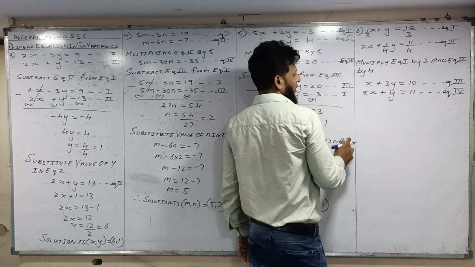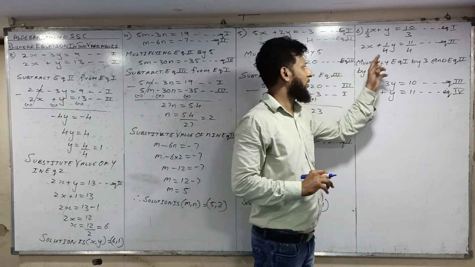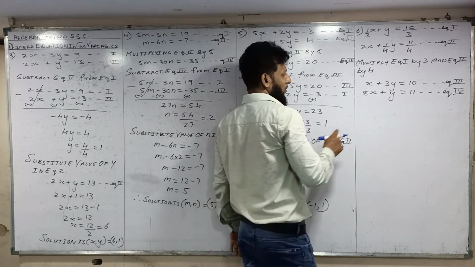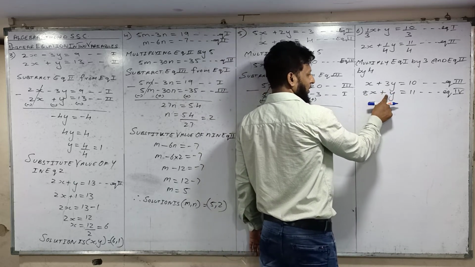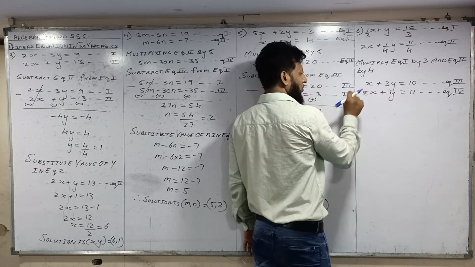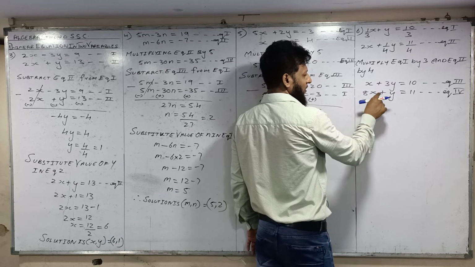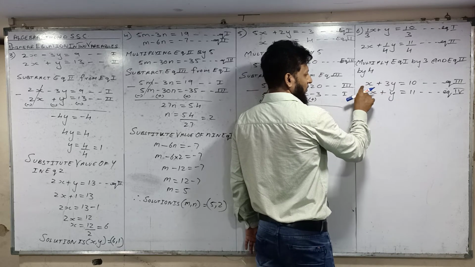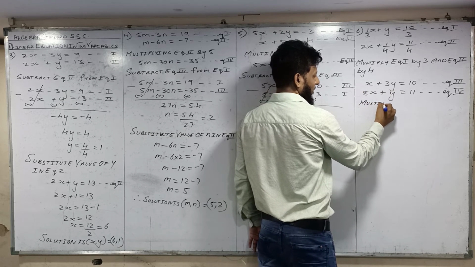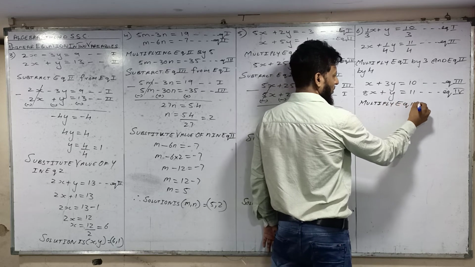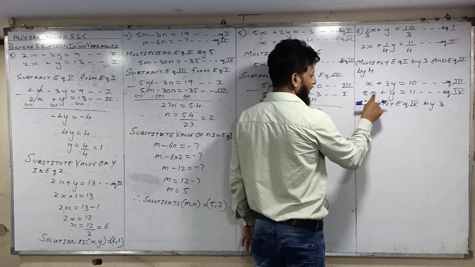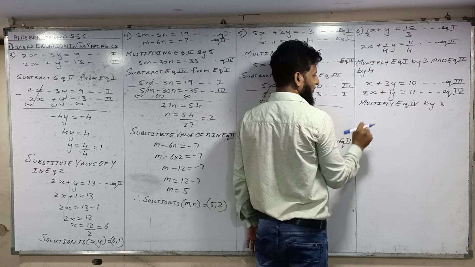Now after removing these denominators, we have to see which value is becoming the same. We can see the y value, if we multiply equation 4 by 3, it will become the same. So we are multiplying by 3 so that the y value becomes the same.